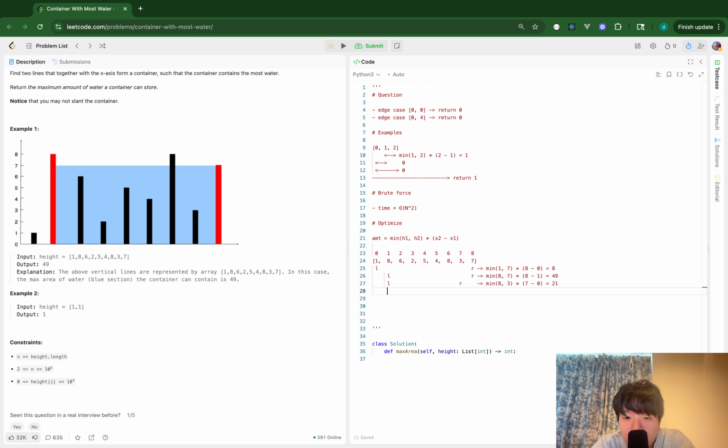So maybe it was moving this because in that way, min is also increased.